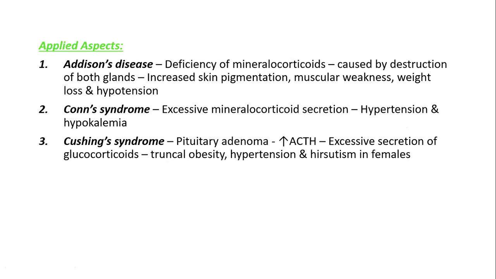Now, the third condition is called Cushing syndrome. Very important symptoms can be seen in this condition. This is usually because of a pituitary adenoma, which leads to increased secretion of the adrenocorticotropic hormone. Then it leads to excessive secretion of the glucocorticoids.